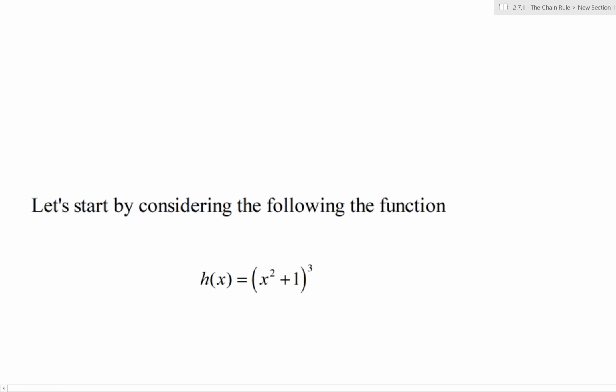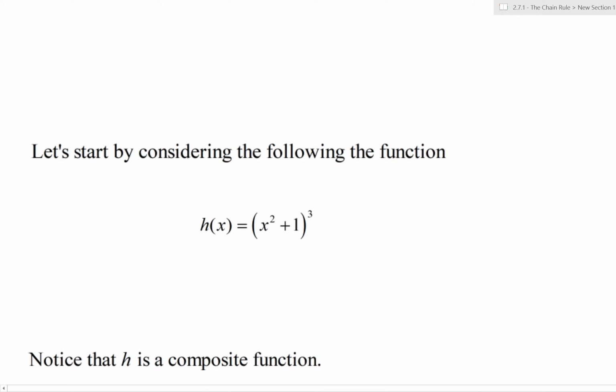Let's start off by getting a feel for how this works by considering a composite function, this function h of x that we see on our screen, which is the quantity x squared plus 1, all of that to the third power. So that is a composite function, right?